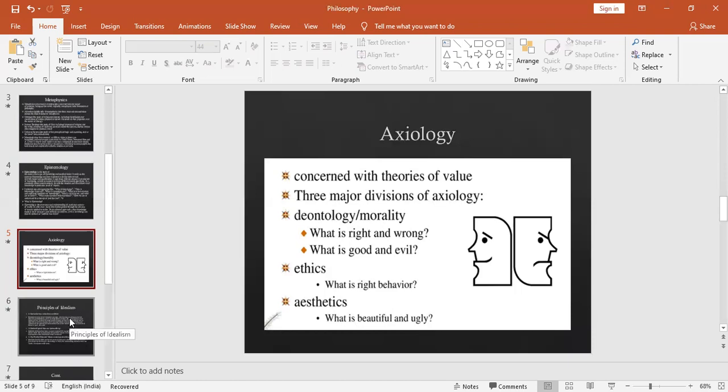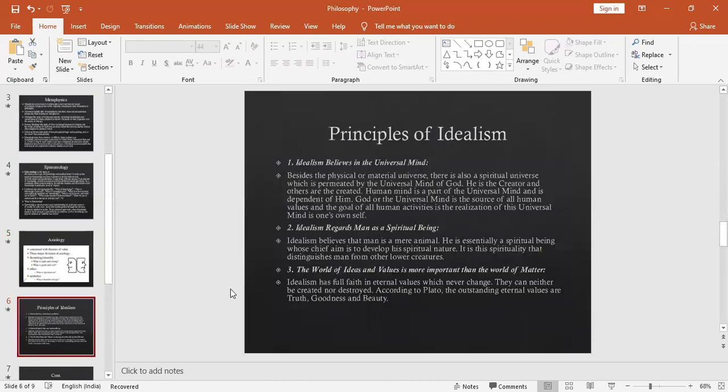Right? You have to understand one more thing about idealism. So what is idealism? Idealists believe that ideas are the only true reality.